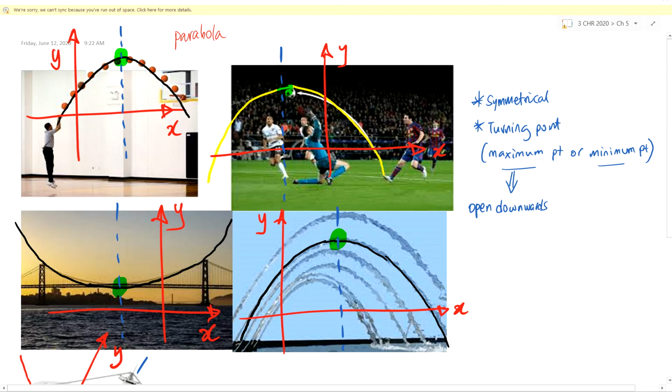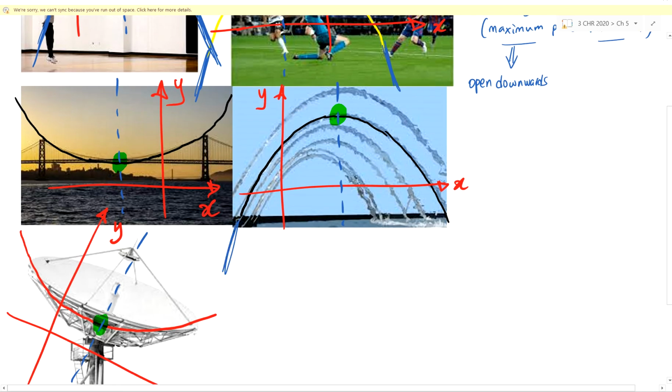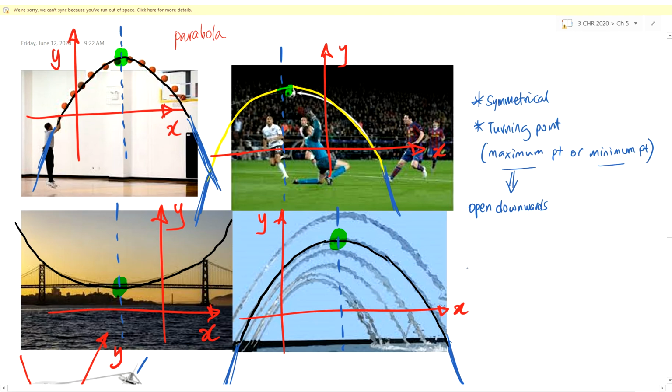Because if you look at the basketball example, we can extend the graph. It is going to keep opening downwards. Likewise for the soccer ball, it's going to keep opening downwards over here. These graphs have maximum points. Now for graphs with minimum points, they will open upwards.